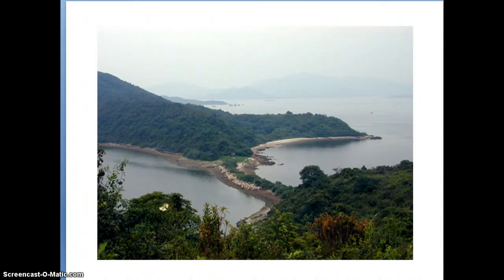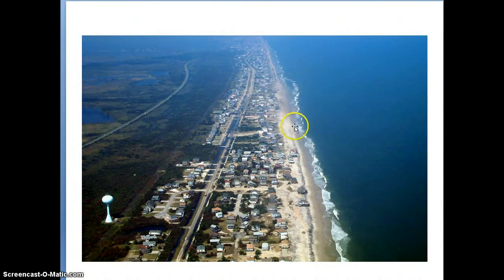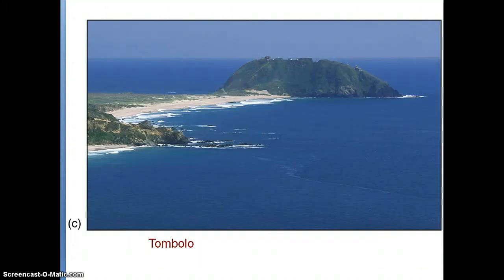So here's an example of a depositional landform. Know what that would be called. Here's a very long, I think this is in Cape Hatteras, very long beach environment, and you can see very gentle waves, pretty shallow, not a lot of action. Also be able to identify, well, there you go.